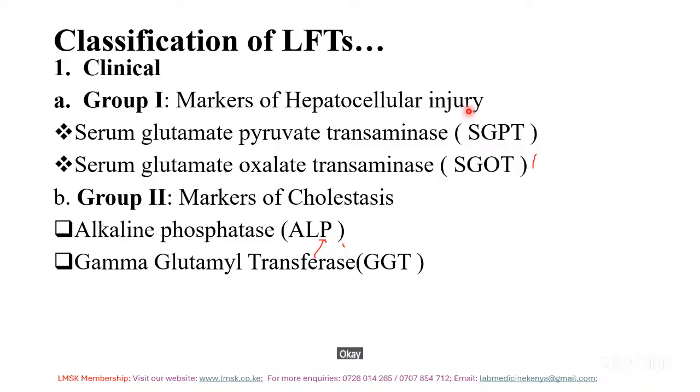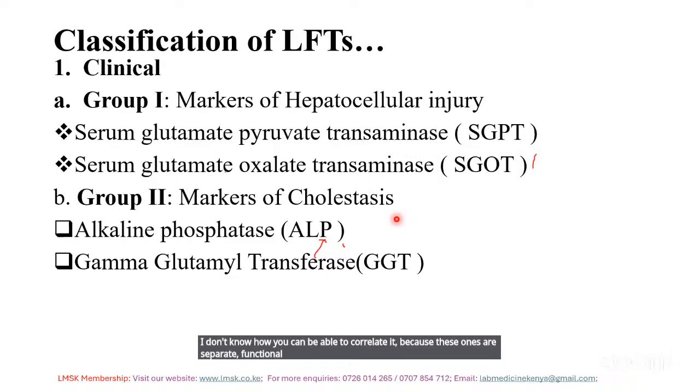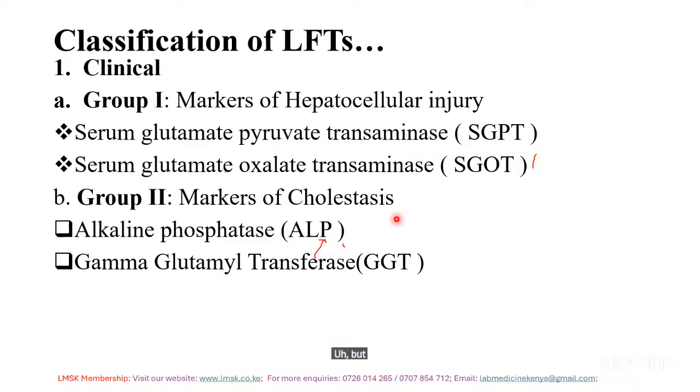Okay. That's a very wide question. I don't know how to answer that one in a brief way. I don't know how we can correlate them, because these are separate functional assessments of two different organs. But there are some conditions that affect both the liver and the kidneys.